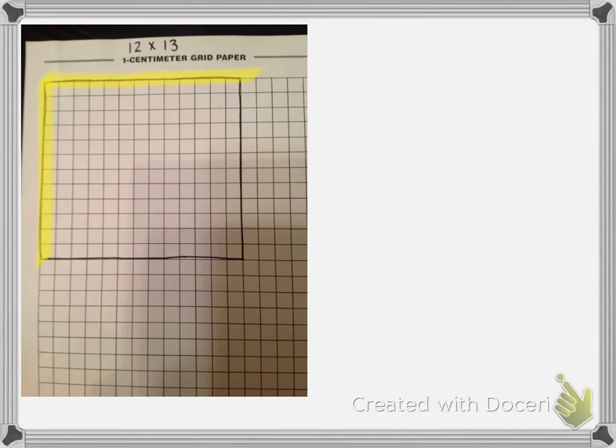It's up to you. But you're going to outline your rectangle that is 12 squares down and 13 squares across. Remember, area means finding out how much is inside. So when we do 12 by 13 and we do an area model, we're going to multiply 12 times 13 to find out how many squares are inside that rectangle.